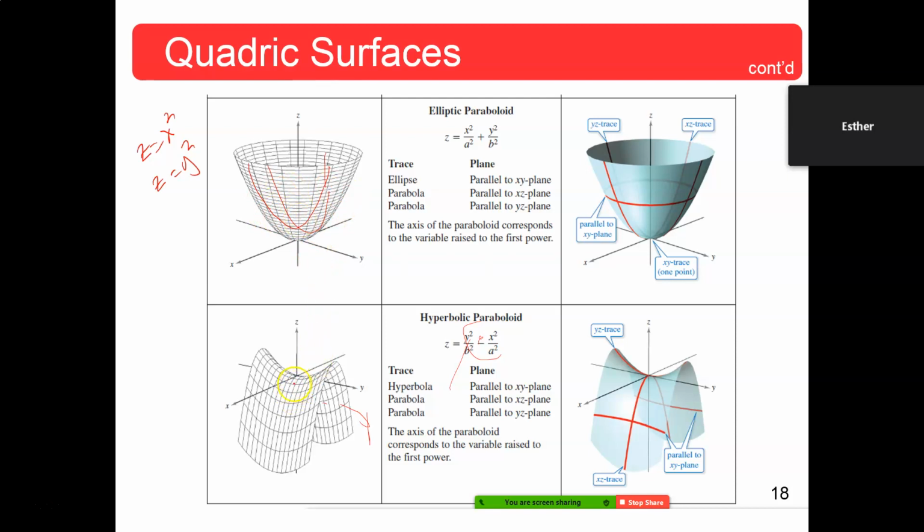Parallel to the XZ planes here, now this is not quite so obvious. If you're going down this way, you have hyperbolas. If you're going this way, let's see if that's right.